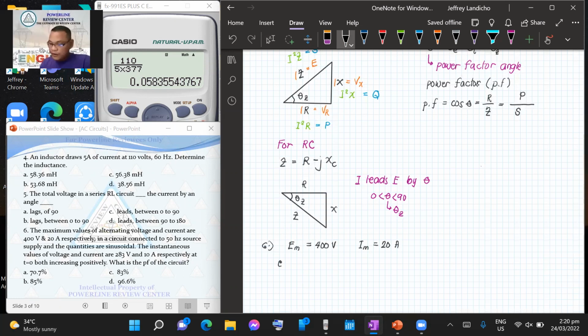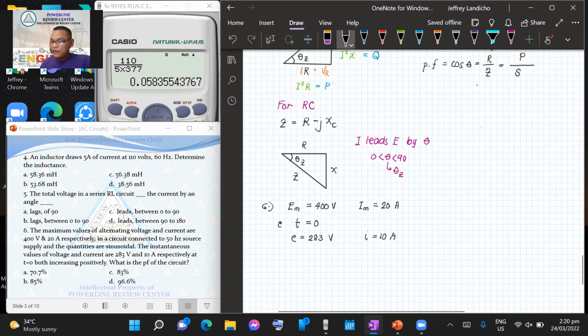Now let us consider at t equal to 0, we have found out that the instantaneous value of your voltage is 283 volts, wherein the current it is equal to 10 ampere. So what would be the power factor of the given circuit?